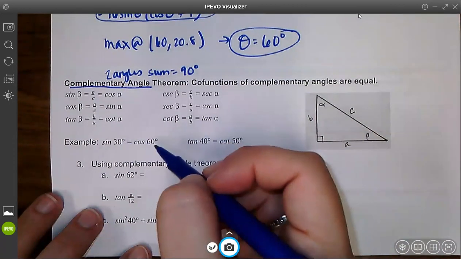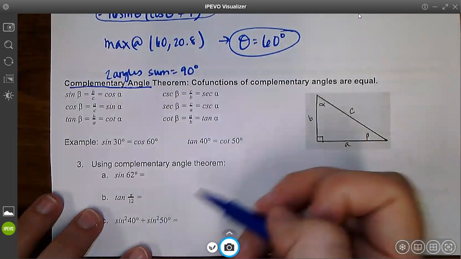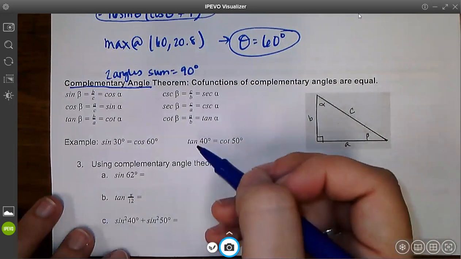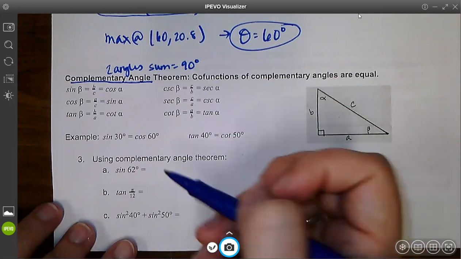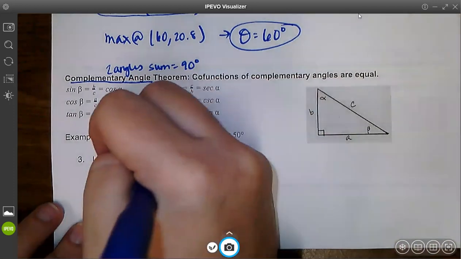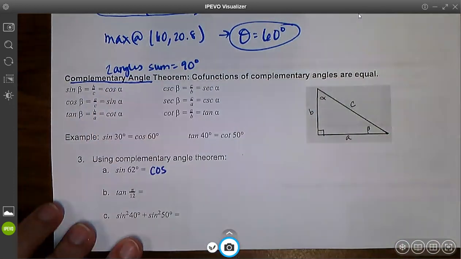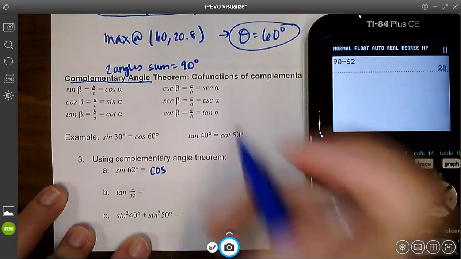So 30 plus 60 gives me 90, so sine of 30 and cosine of 60 are equal. 40 plus 50 gives me 90, so tangent of 40 and cotangent of 50 are equal. So using the complementary angle theorem here, the sine of 62 is going to equal the cosine of the complementary angle. So that's 90 minus 62, which is 28.